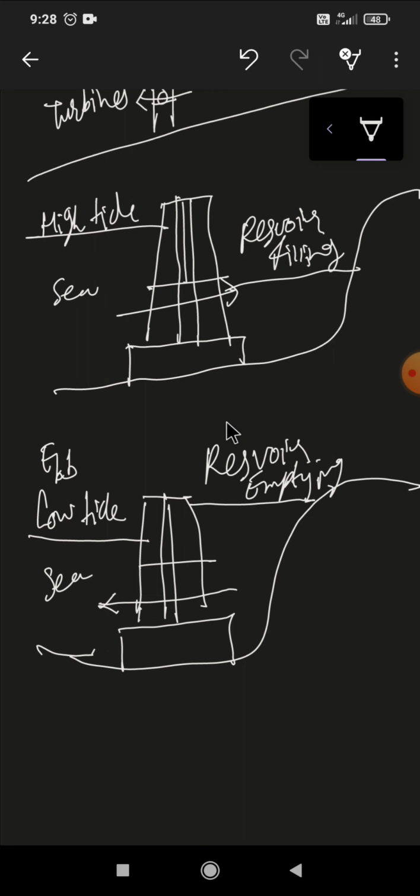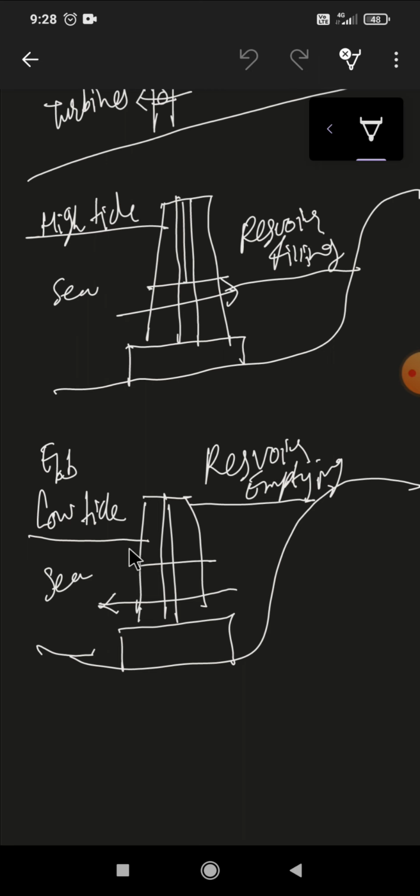So the turbines keep working until the rising level of the next flood tide and the falling reservoir level together reduce the effective head on a turbine to the extent where it can no longer work safely and efficiently. The turbines are then closed and the sluice gate opened again to repeat the cycle of operation.